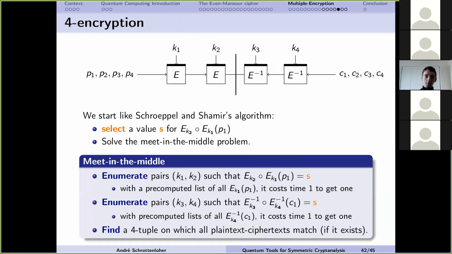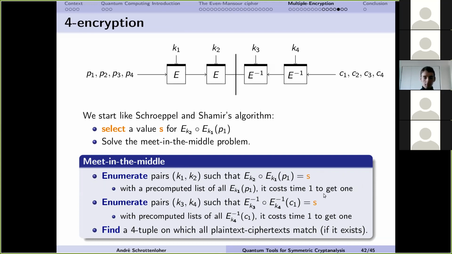In order to enumerate pairs K1, K2 that have this constraint, having pre-computed all these mappings of P1 by the keys K1, it actually costs time 1 to get one of these pairs.